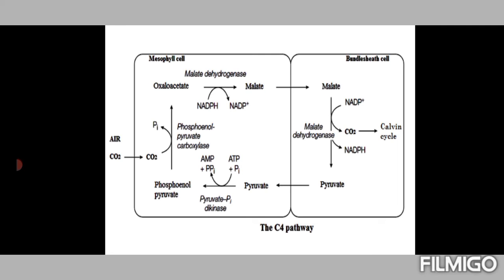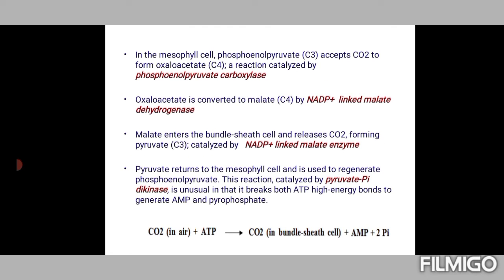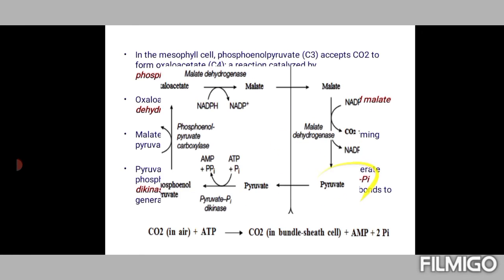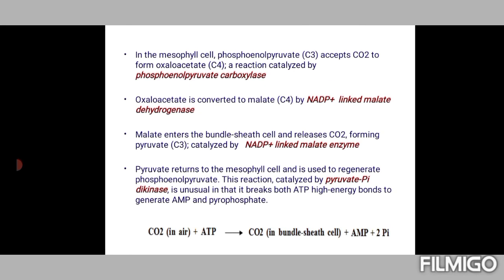Inside the stroma, it undergoes the C3 cycle to give rise to carbohydrates. These are the enzymes involved: phosphoenol pyruvate carboxylase, then dehydrogenase, and pyruvate inorganic phosphate dikinase.